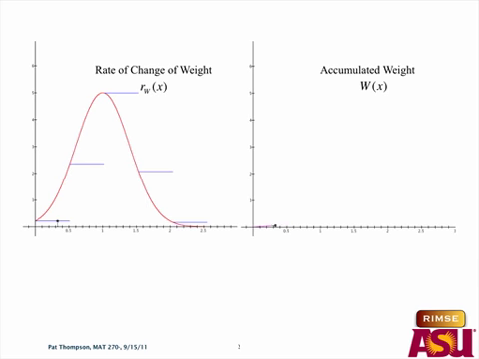What are we measuring here? Okay, which is what? Rate of change of the weight is the y-axis on this left-hand graph, right? And Nathan, what about the y-axis on this right-hand graph? Accumulated weight. Accumulated weight, right?